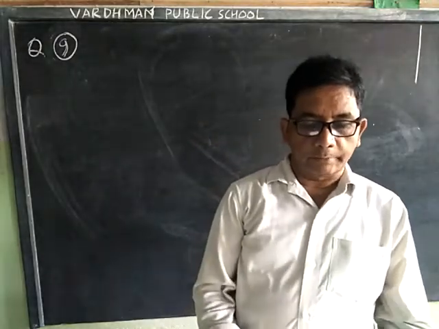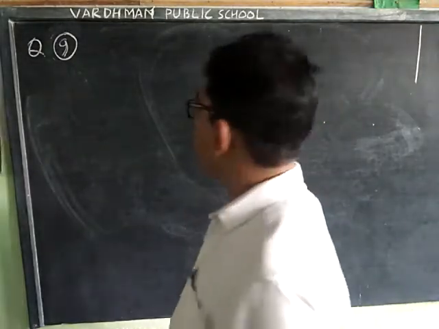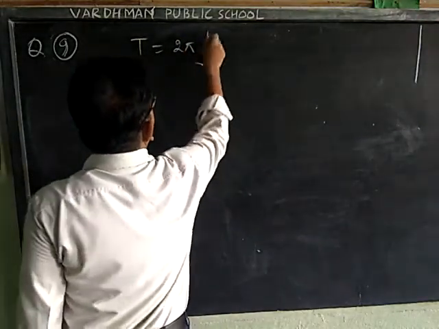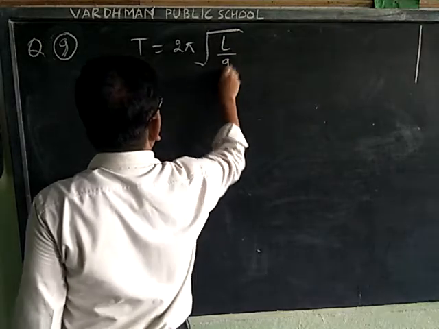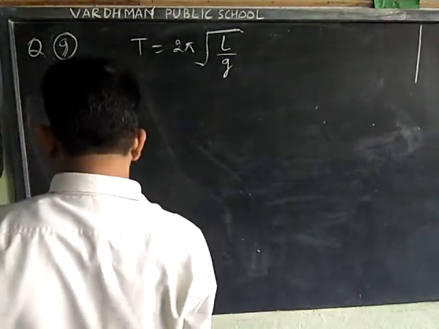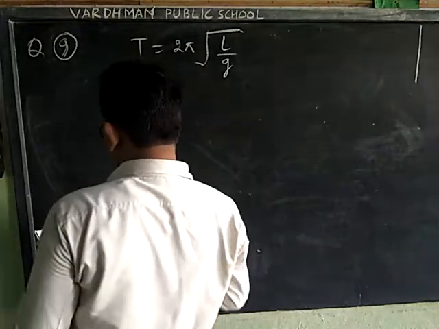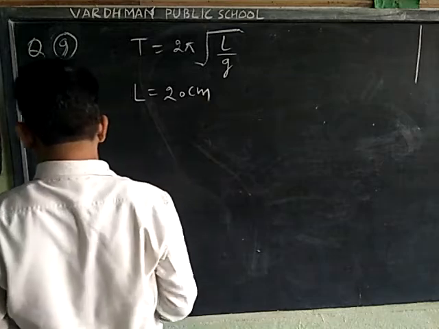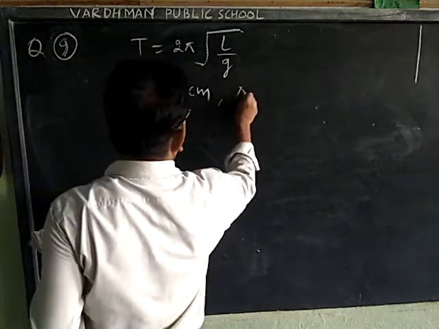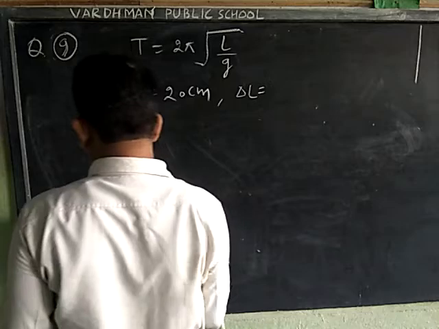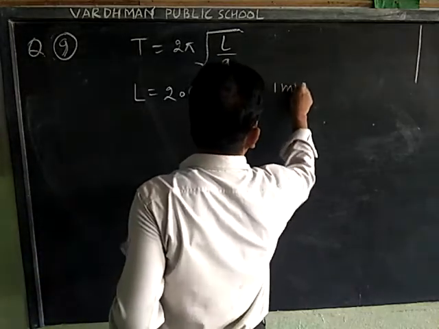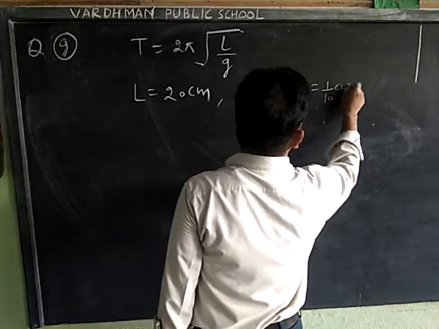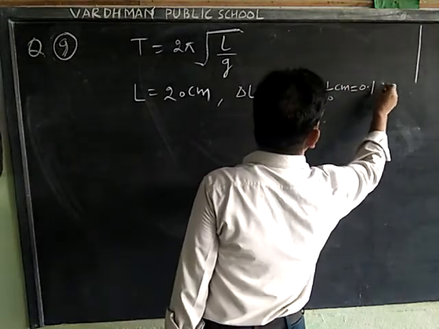Now what is given? We know the time period for a simple pendulum T is equal to 2 pi under root L upon g. Length is 20 centimeter and delta L is equal to 1 millimeter. When we convert into centimeter, it becomes 1 upon 10 centimeter, that is 0.1 centimeter.